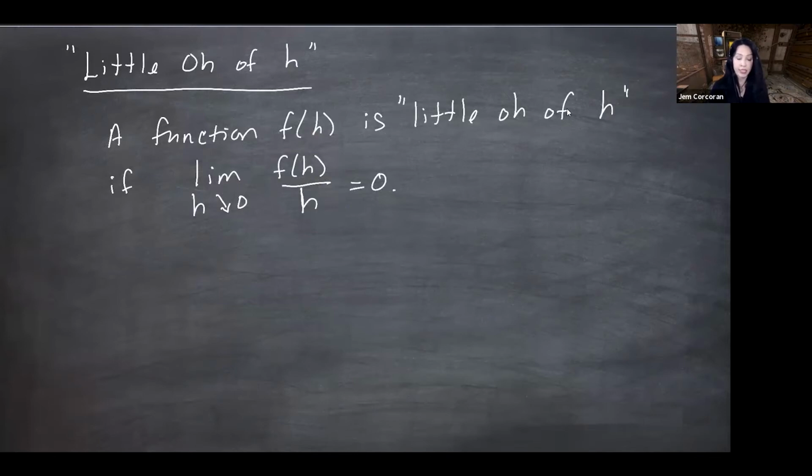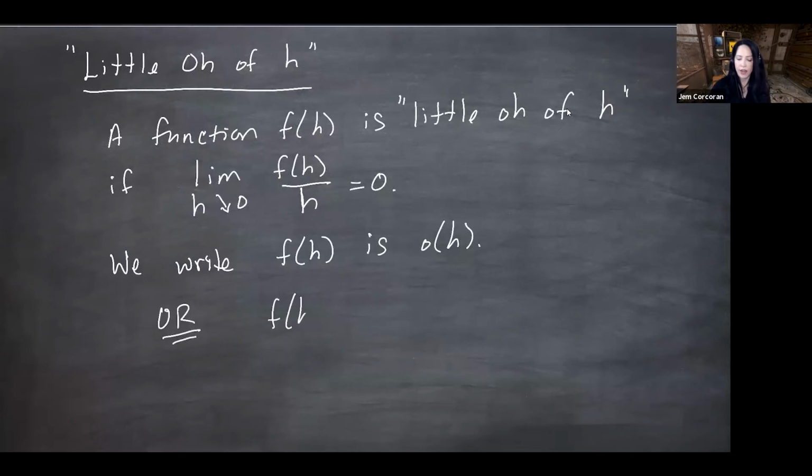And we'll do a bunch of examples, but we write, well, you could say, you couldn't write that this is a little o of h, but mostly we're going to actually say that f of h equals little o of h, where this is like a really sloppy thing, but it's better than saying stuff that disappears.